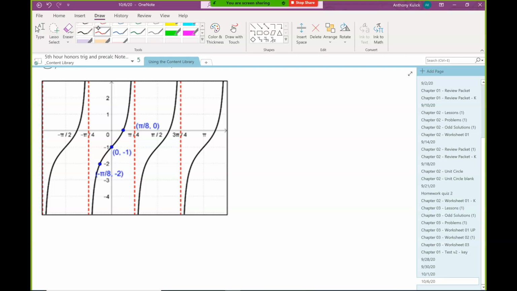I like to start with the k because I can do it just visually. So again, the k is the midline point. It's like the average value. So there's my midline. Everybody okay with the reasoning there? Looks like I have an equal section above and below the graph, right?